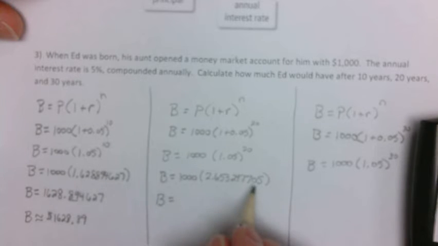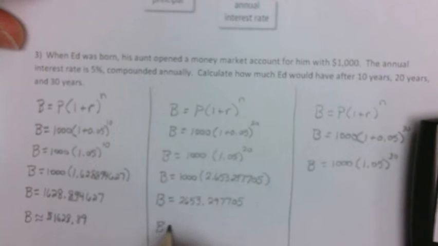Now we'll multiply this number by 1,000. 2,653 and 297,705. And now to get the balance, we'll round it. It's approximately $2,653, and that 7 will round us up from 29 cents to 30 cents.